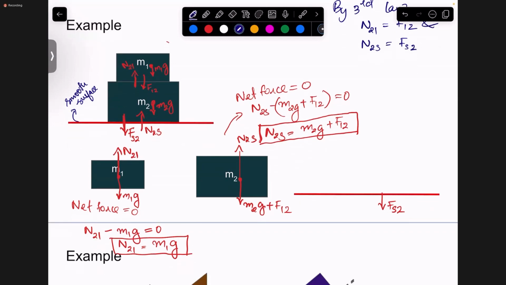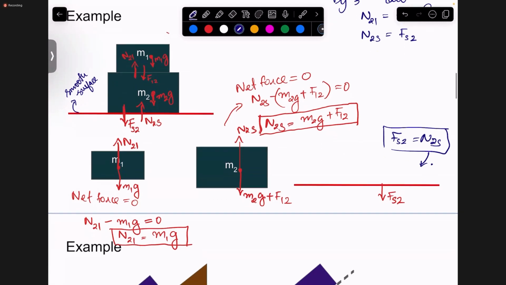We can substitute it here. So here FS2 equals N2S, that is given. Here this F12 is N21, and this N21 is given here as M1G.